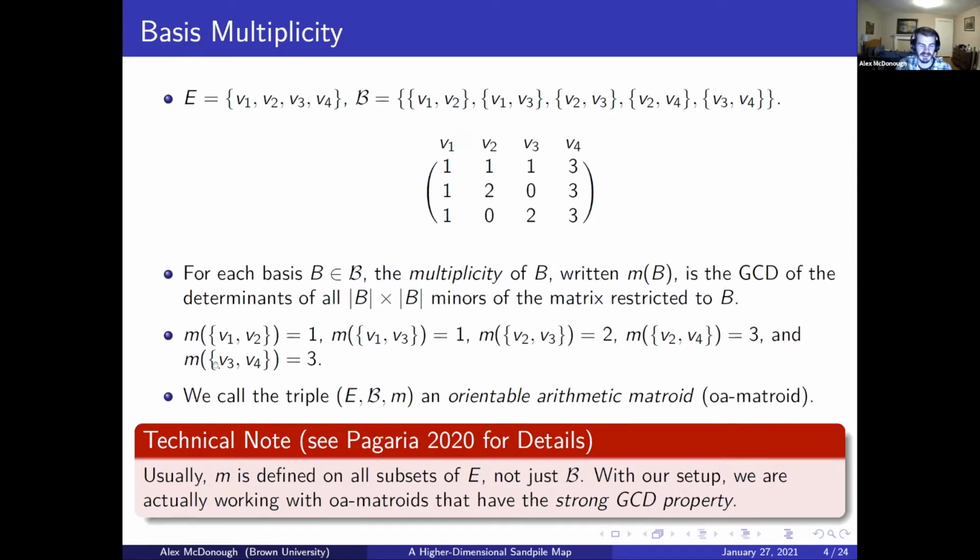And when we do this, this is going to be equivalent to requiring the strong GCD property. That's what Pagaria calls it. And that's sort of the thing that makes this definition the same as his also. So if you look at that, it's going to seem a little backwards, but he shows that this is equivalent. So this is what we're going to call our orientable arithmetic matroid, or OA matroid for short.